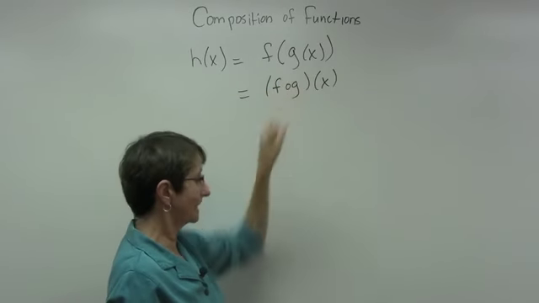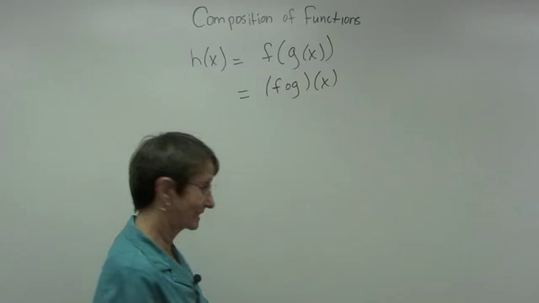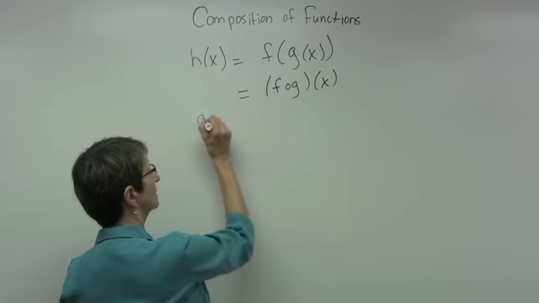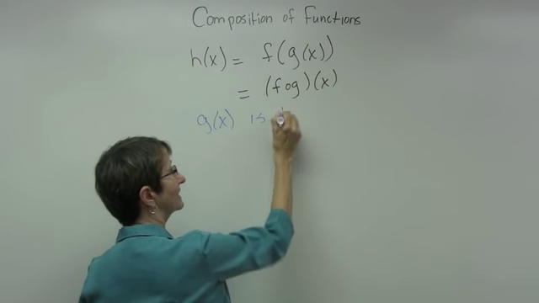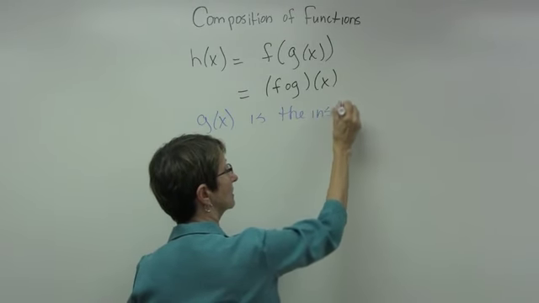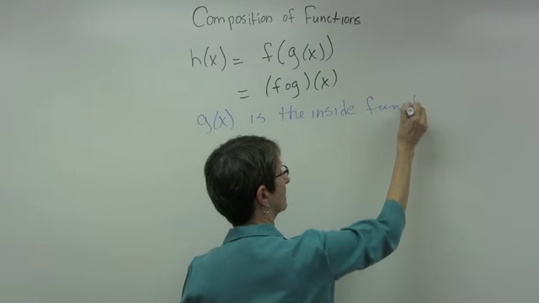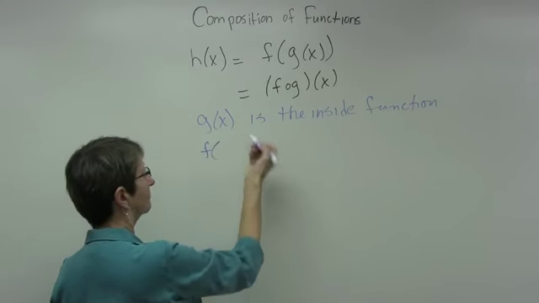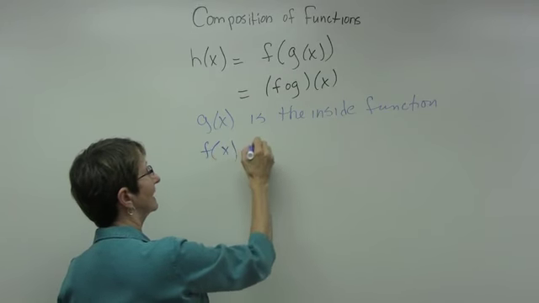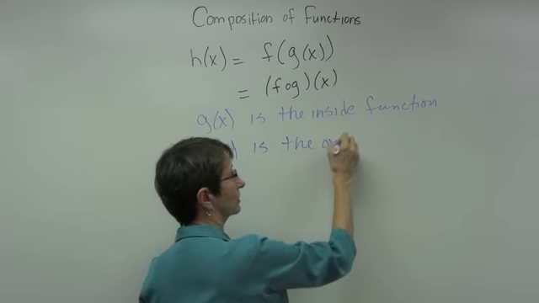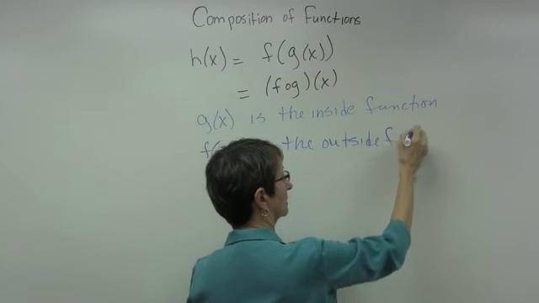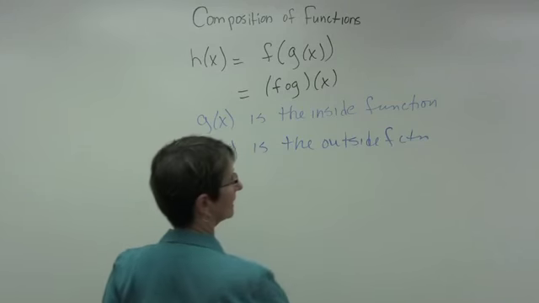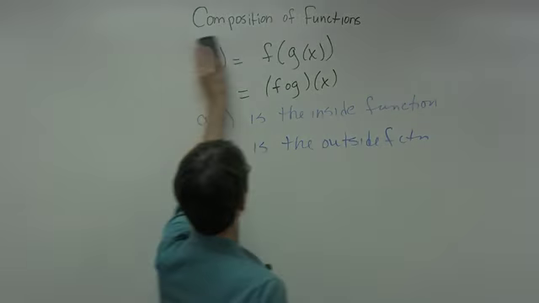The function g is the function inside f, so that g of x is the inside function, and then f of x, or f of whatever, is the outside function. So let's look at an example.